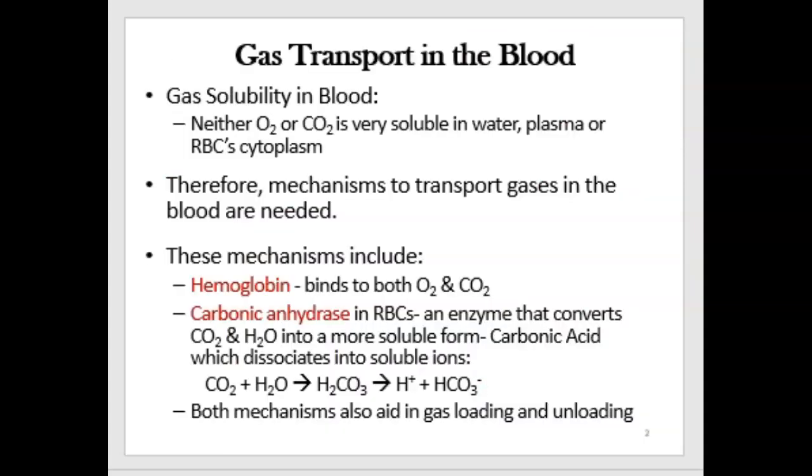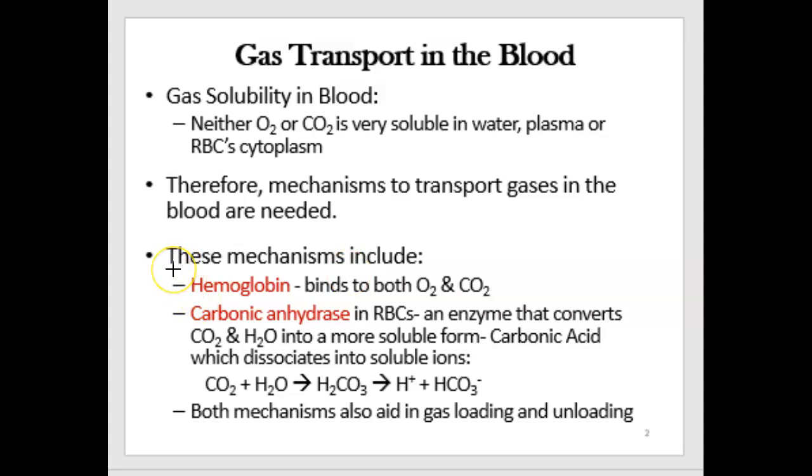It turns out that gas transport in the blood isn't that straightforward because neither oxygen nor carbon dioxide is very soluble in water, therefore not soluble in plasma, which is largely water, or the cytoplasm of the red blood cells. So there have to be some mechanisms available in the blood to transport these gases.